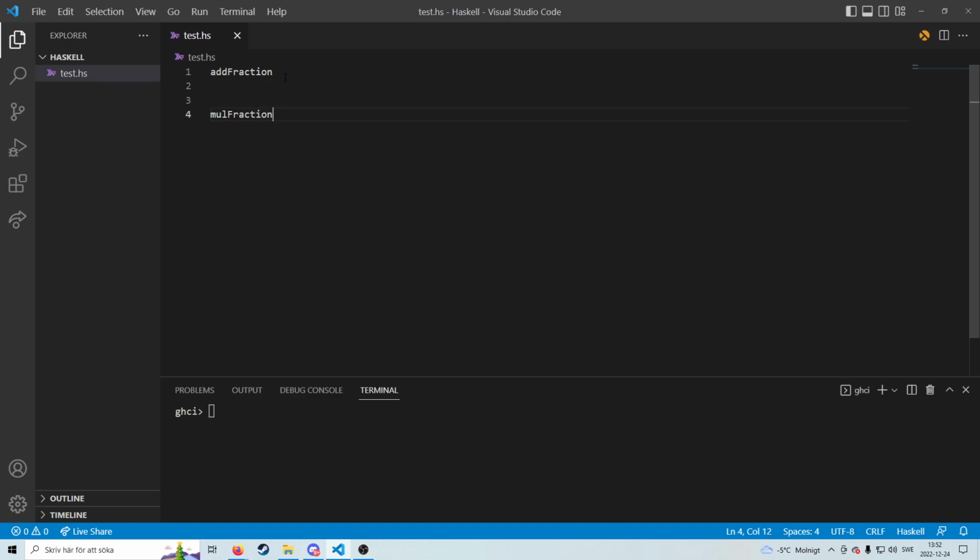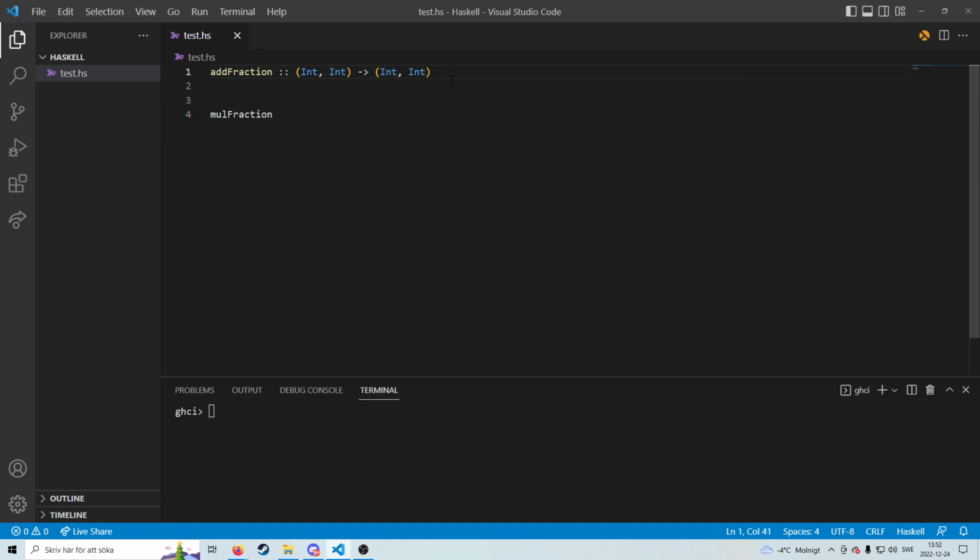Let's say our signature would be that we take in 2 tuples, basically one fraction, and then take in another fraction. Here we can just say that we're going to have integers, to make this a simple example.